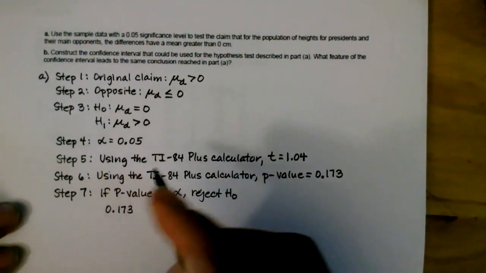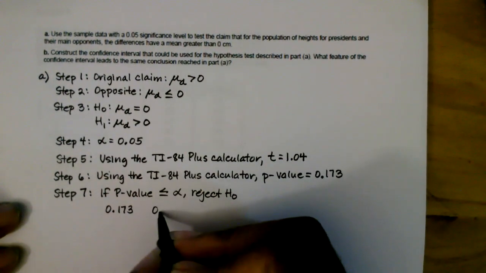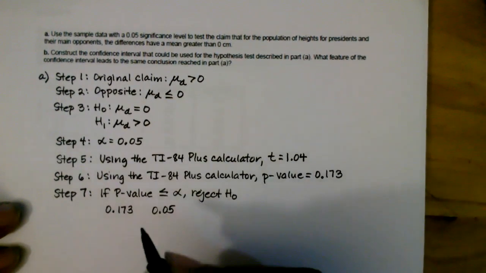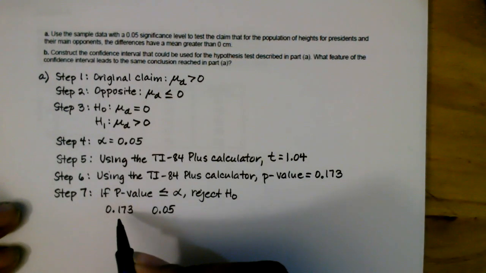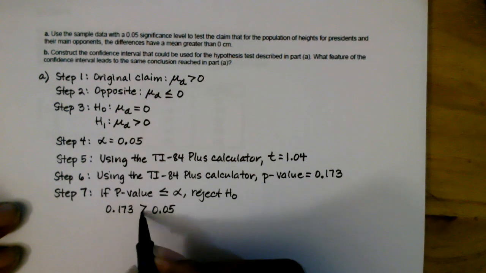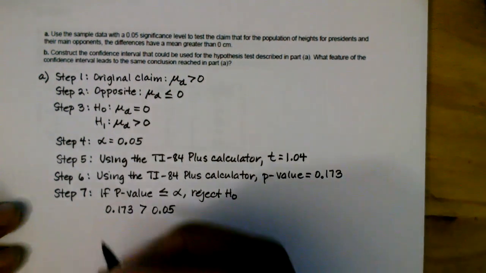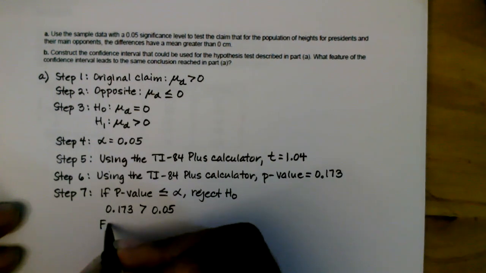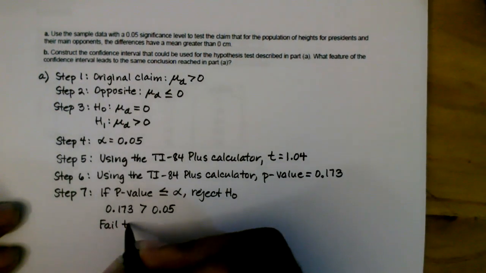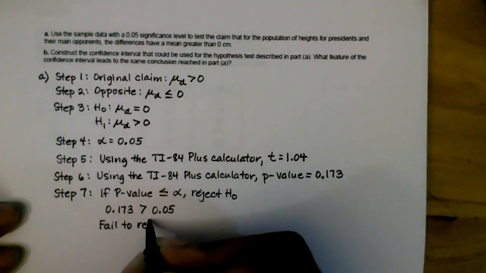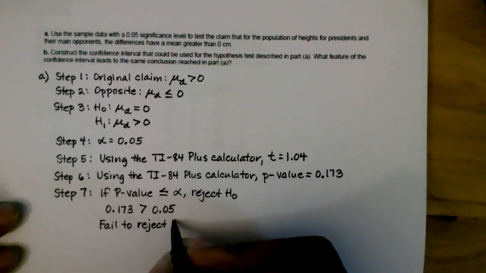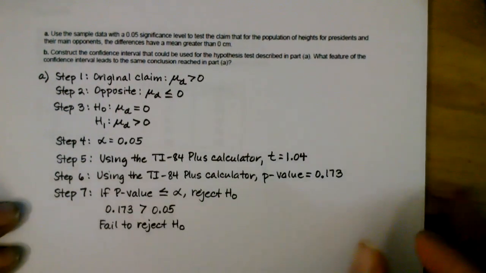And the alpha level from step number 4 is 0.05. In this case here, 0.173 is greater than 0.05. That violates the rejection rule. So that means we need to fail to reject the null hypothesis.